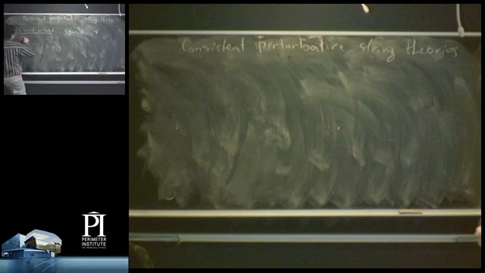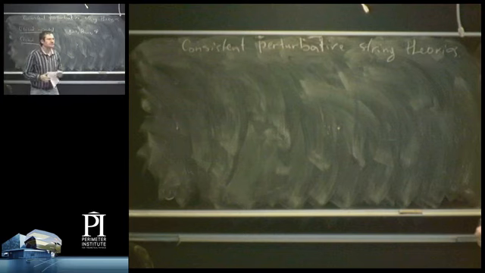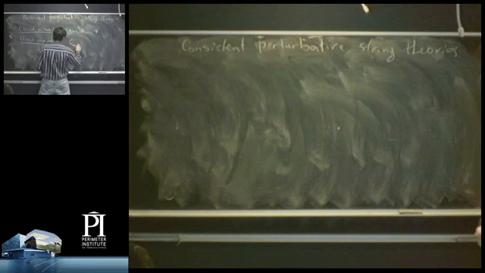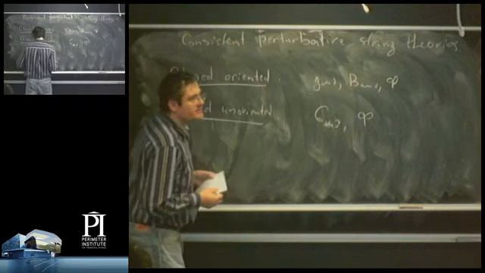Then there is closed unoriented. That's a well-defined theory that stands alone. So this is G mu nu and phi.